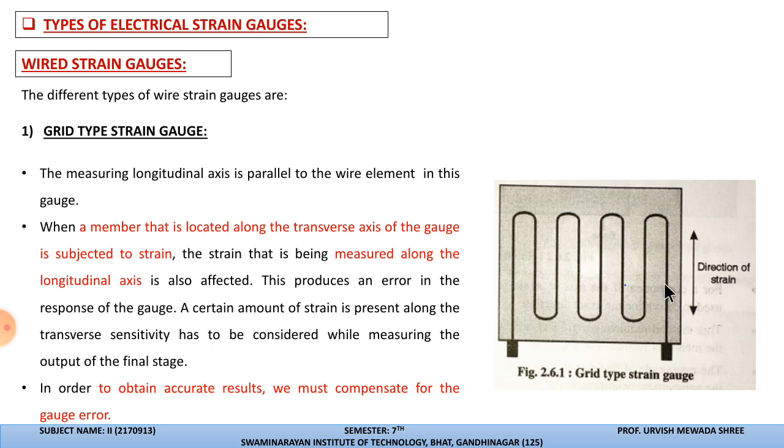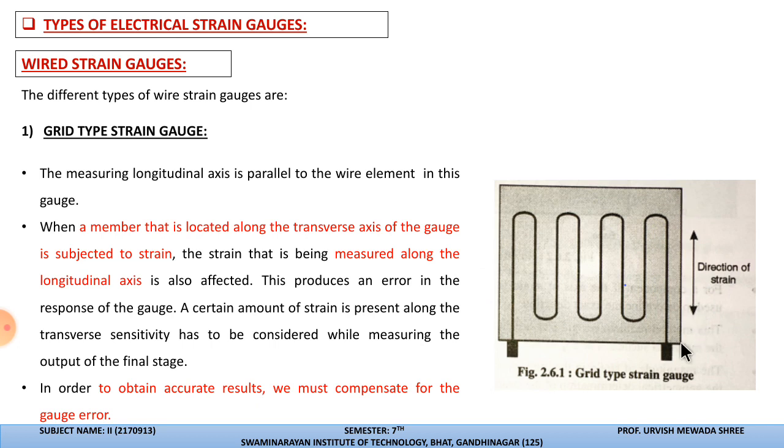Basically, the grid type strain gauge measures along the longitudinal axis, which is parallel to the wire element, so in this direction it can measure the stress and the strain.